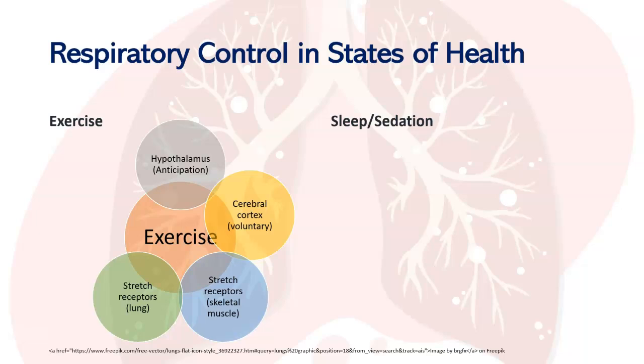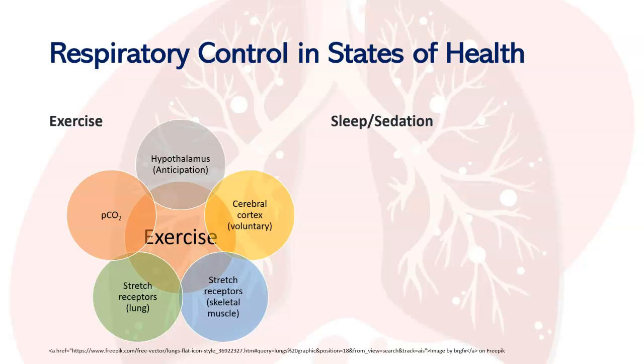The patient breathes out and then they start breathing in again. And this is one of the triggers for an increasing respiratory rate during exercise. And finally, as our muscles start producing CO2 as a byproduct of tissue respiration, that CO2 causes an acidosis in the blood, which then leads to increased respiratory effort.